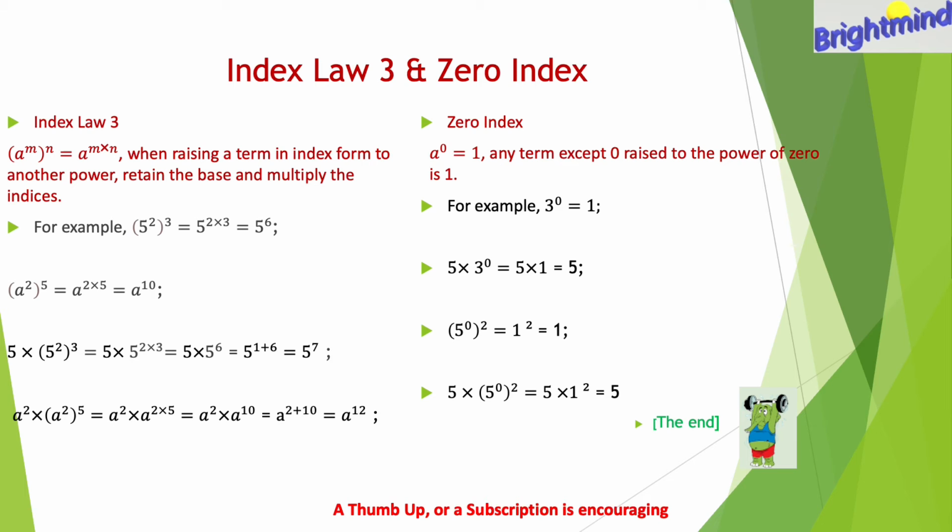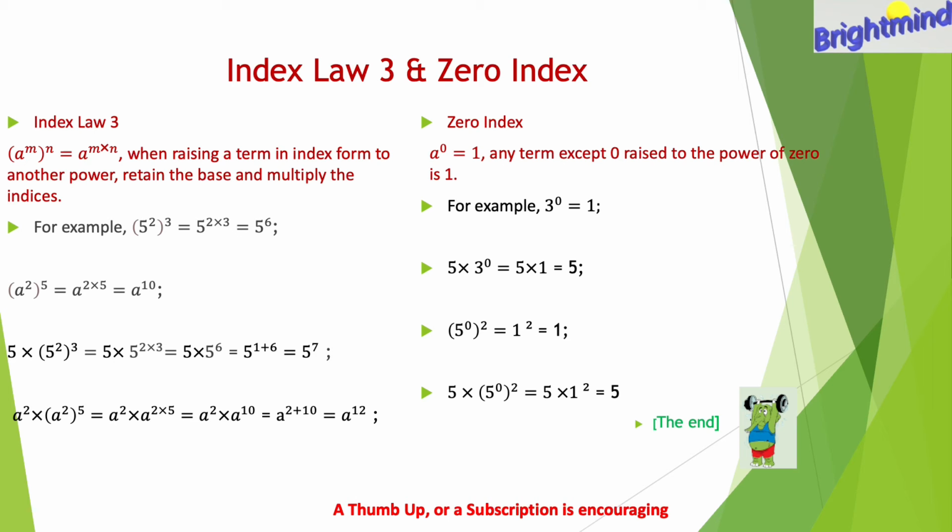And secondly, we use index law 1. 5 multiplying 5 to the power of 6 is actually 5 to the power of 1 multiplying 5 to the power of 6. So we keep the base 5, we add the powers 1 plus 6, then we get 5 to the power of 7.